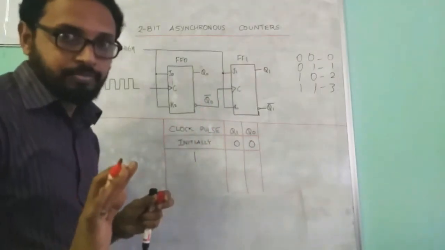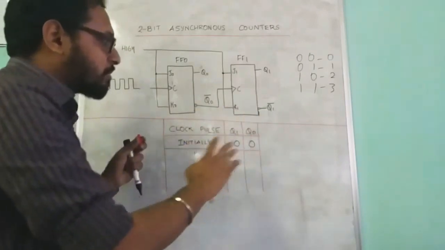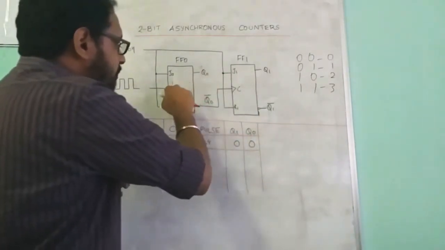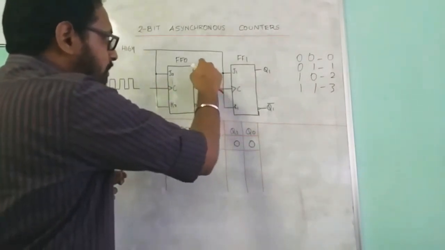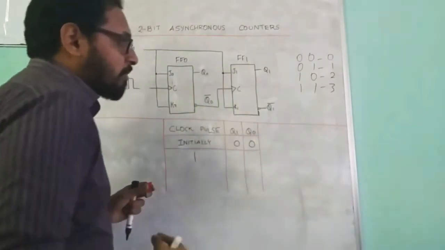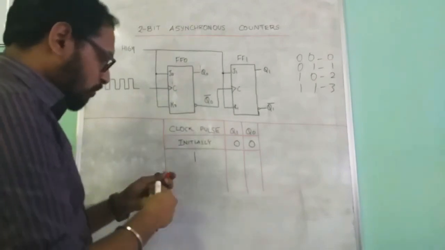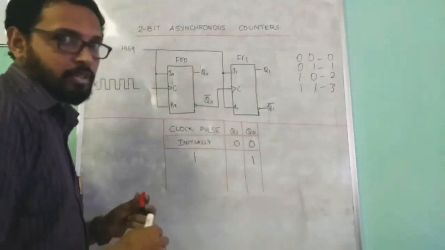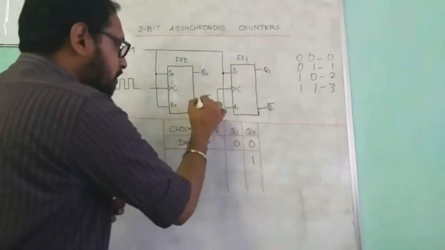Before applying the clock pulse, we have set both the cases as 0. But when the clock is 1, that is the first clock pulse positive edge, Q0, the LSB, which was initially 0, will change to 1. So we mark Q0 as 1. When this is 1, Q0 bar will be 0.